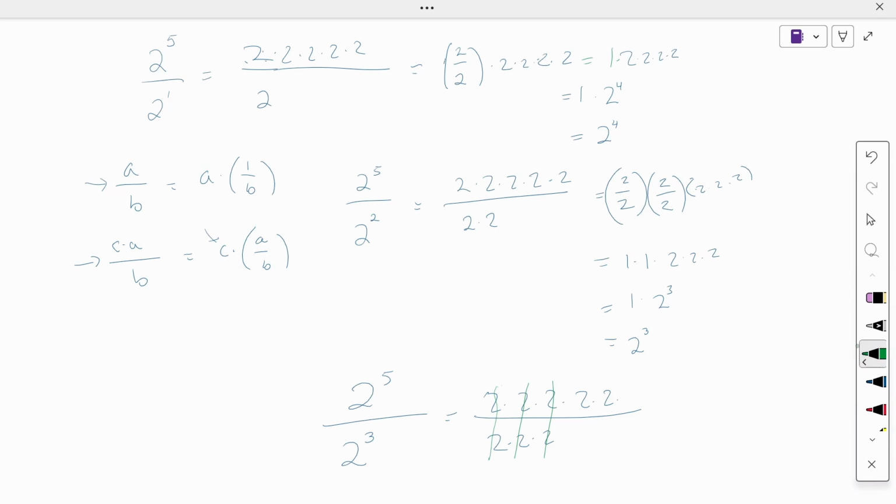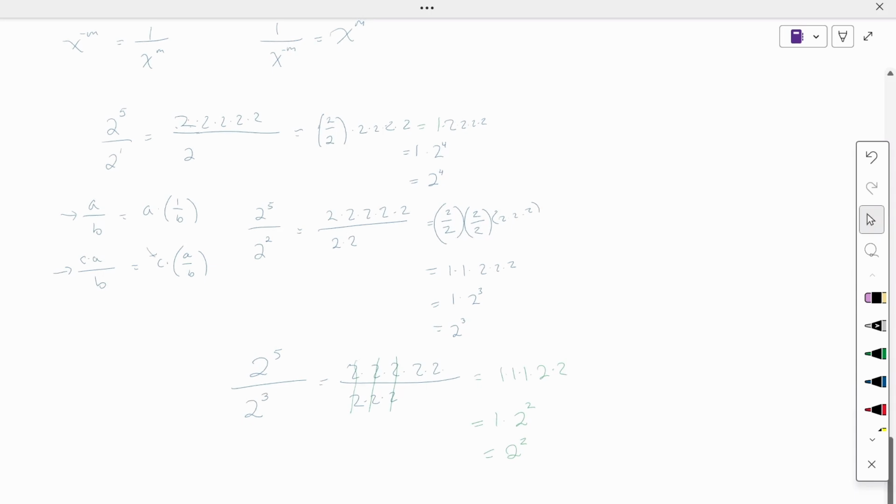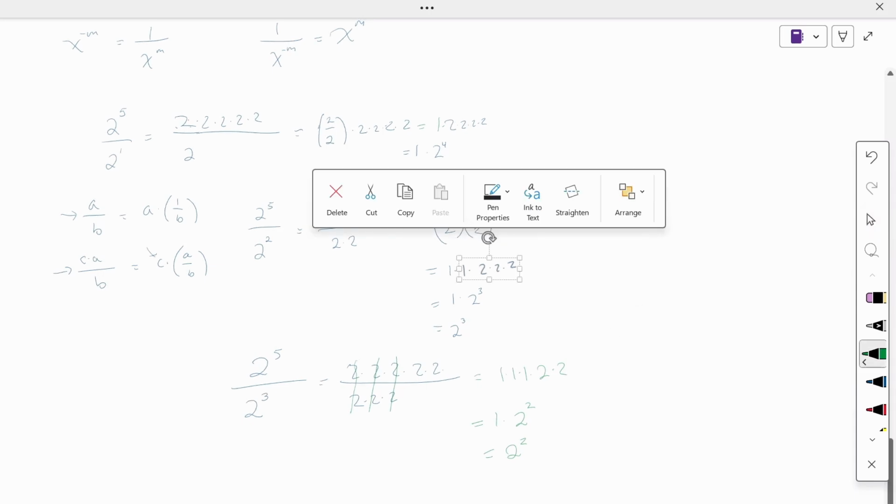But because I've got a sequence of 2's that are dividing by one another, those are just going to cancel out for the same reasons above. I'll be left with 1 times 1 times 1 times 2 times 2, or simply 1 times 2 squared, or 2 squared.